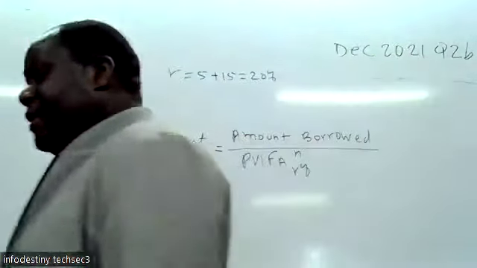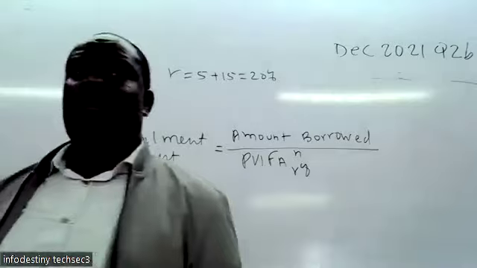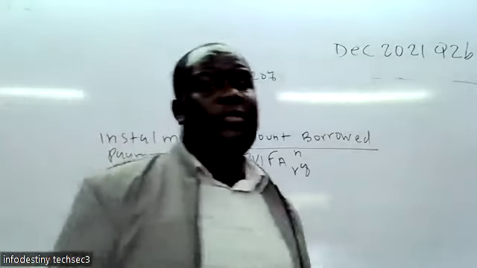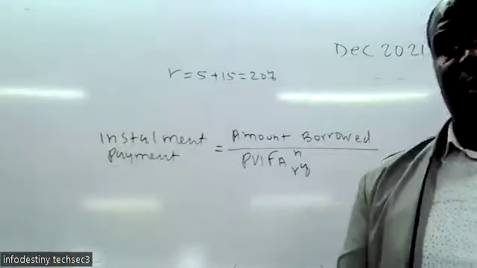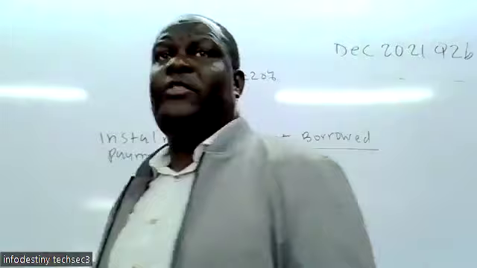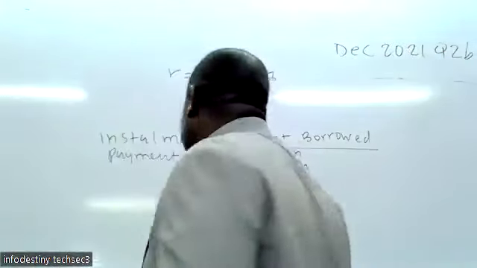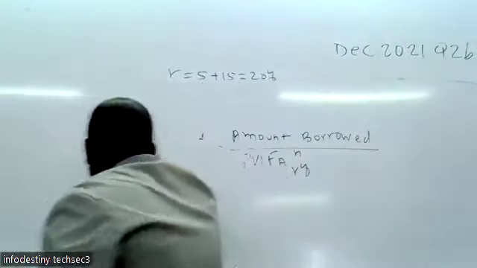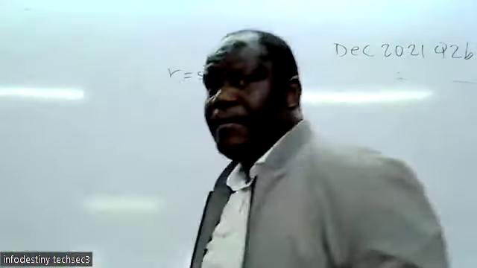Required, they wanted you to prepare a loan amortization schedule for the company. The loan amortization schedule is the same as the loan repayment schedule. So the first thing you do with the question is to calculate the installment payment.